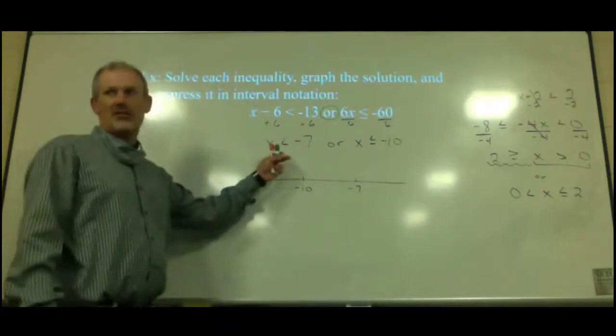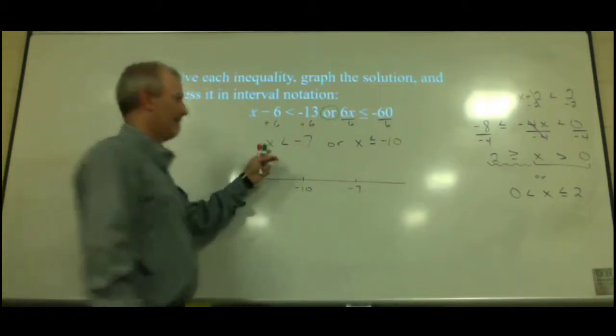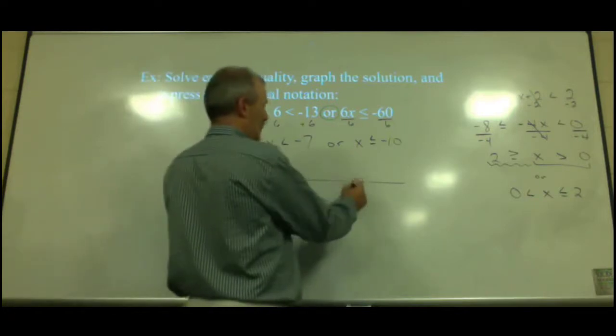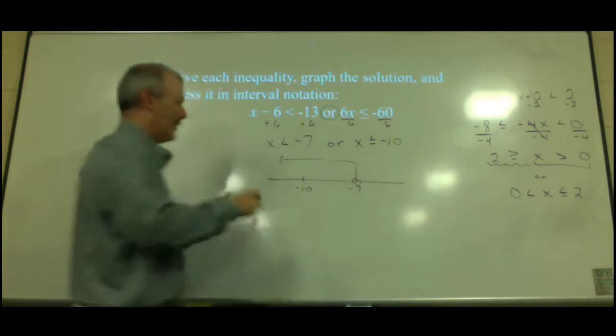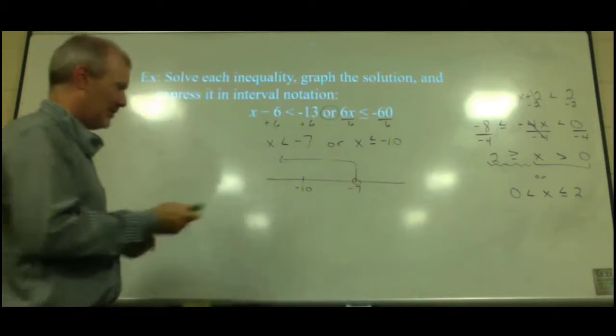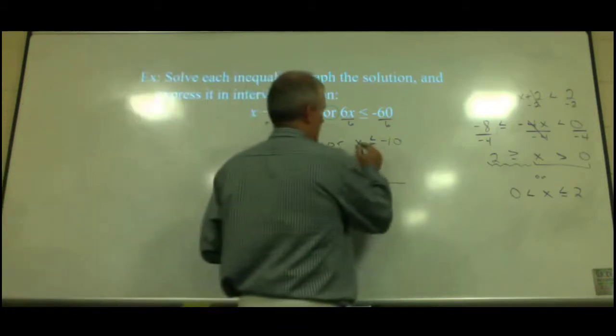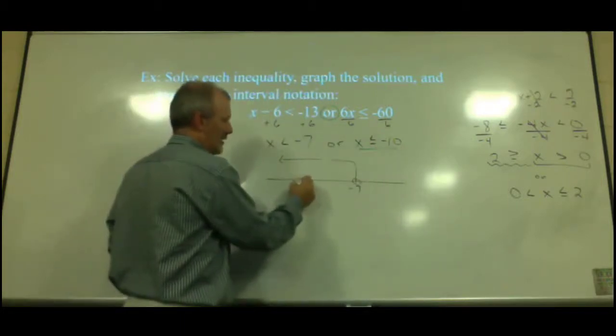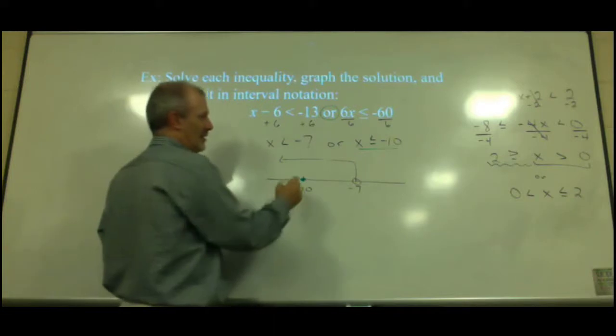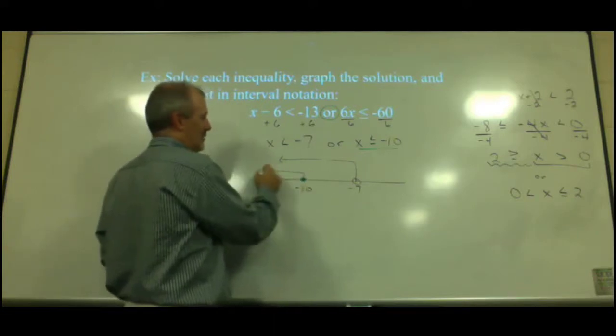What type of circle? Open circle. And then which direction does it go? To the left. And then I'll use green for this one. So what type of circle goes on the -10? Closed. And then what direction? Also left.